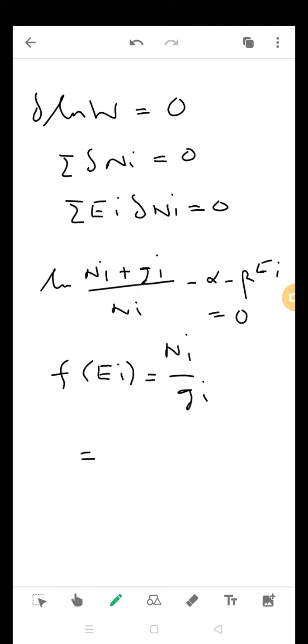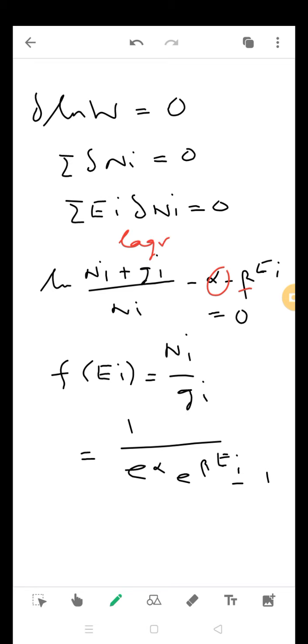This we get as 1 by exponential alpha exponential beta Ei minus 1, and minus alpha and minus beta are called Lagrangian multipliers.